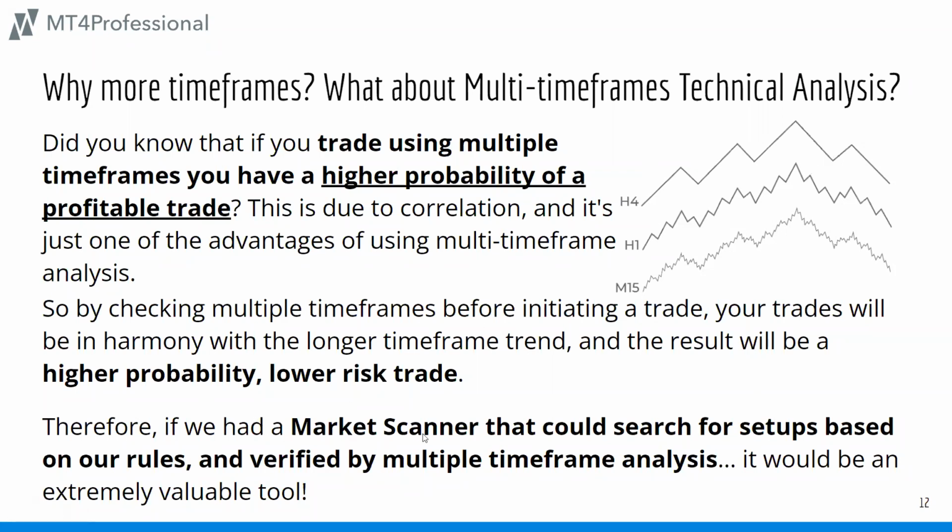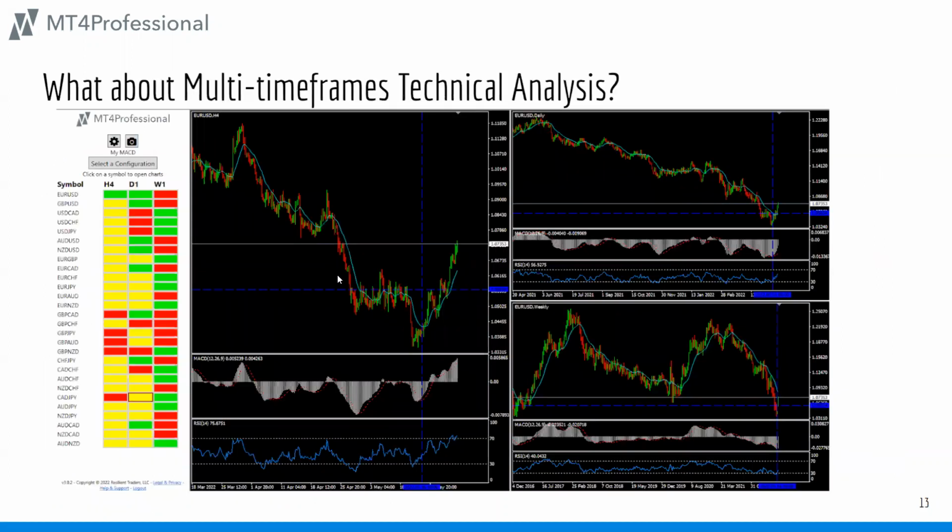So if you had a market scanner that could search for these types of setups based on your own rules and then verified using multiple time frame analysis, it would be an extremely valuable tool. Here's an example to show you what we're looking for. This is a 4-hour, a daily, and a weekly chart setup on the Euro US dollar. I've identified those as a potential bullish setup, even though it is in a downtrend.